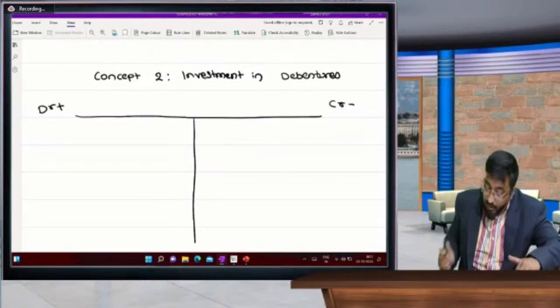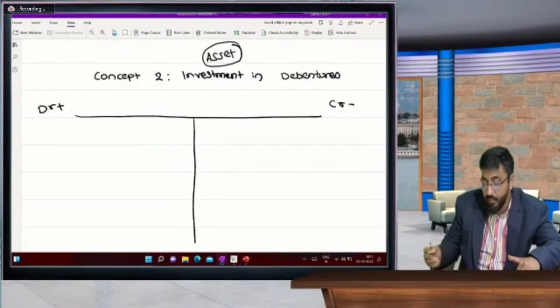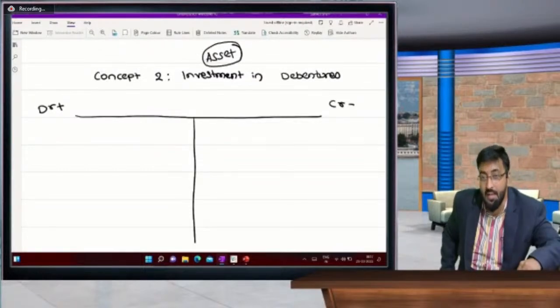Investment. Remember, investment is an asset. An asset always has a debit balance.